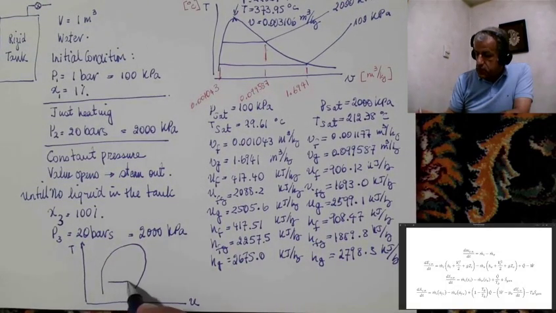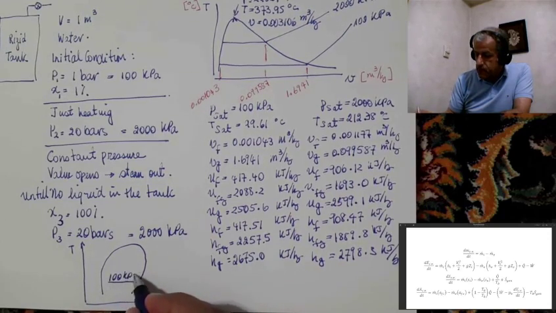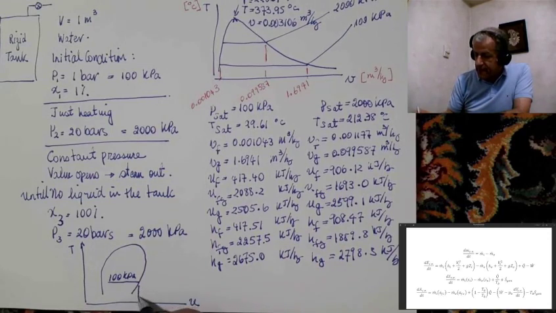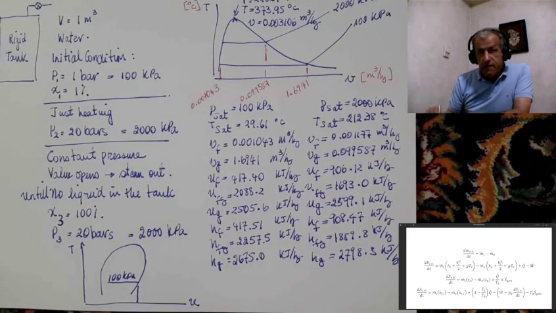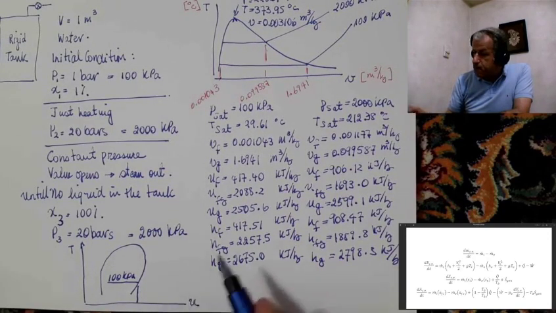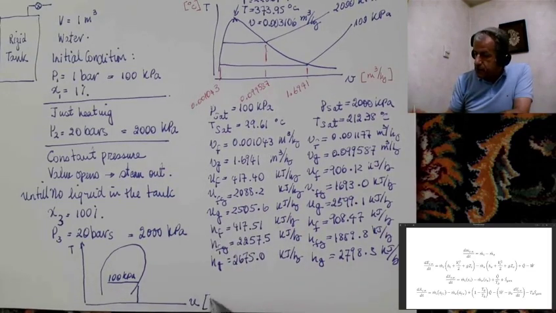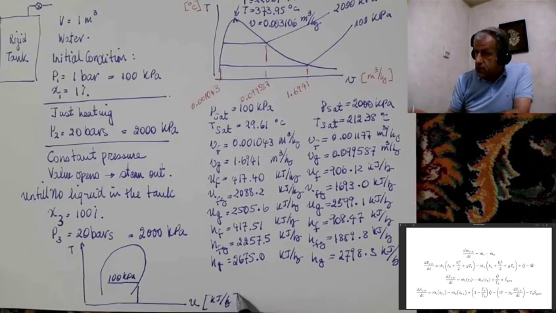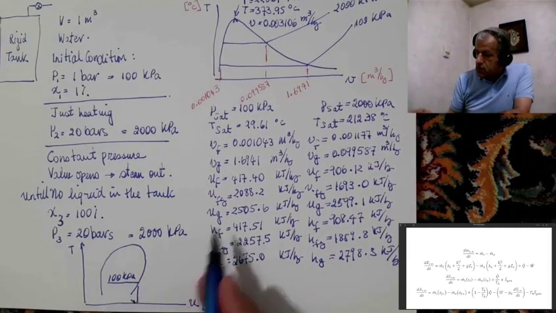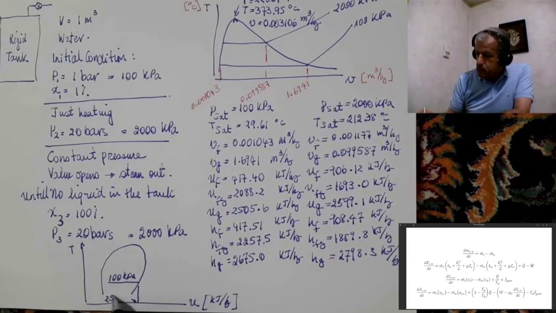I mean, this would be 100 kilopascals, and the value here would be UG, would be 2505.6 kilojoules per kilogram.